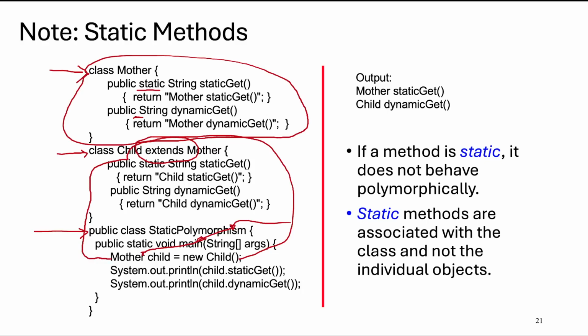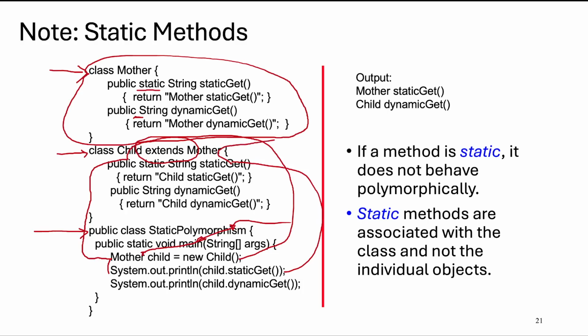Once that has been done, it will visit the next line which says child.staticGet. We know that static means we only keep the latest one. So when we call it, we enter here and then we check the word static. But we already have the word extends.